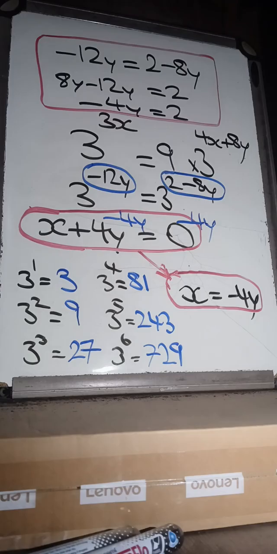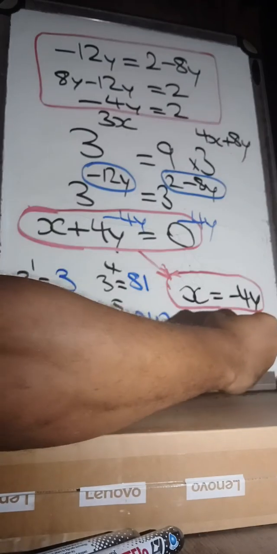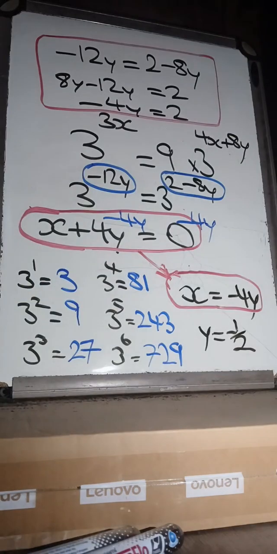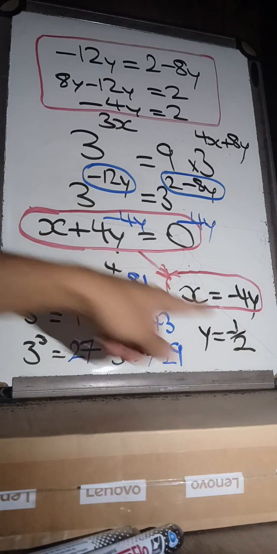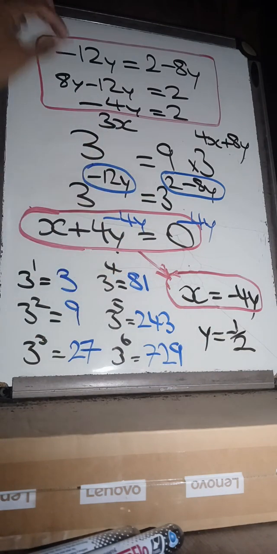So now we are going to divide both sides by minus 4. y is going to be equal to minus half. Because if I take minus half and put it in here, the minus is cancelled. 4 divided by 2 gives me 2.